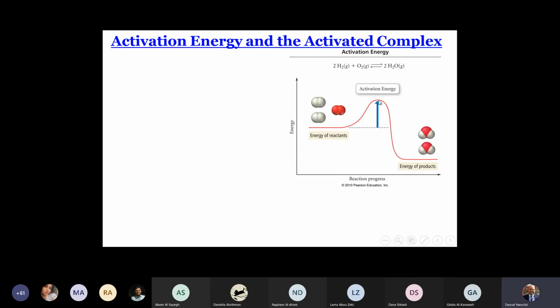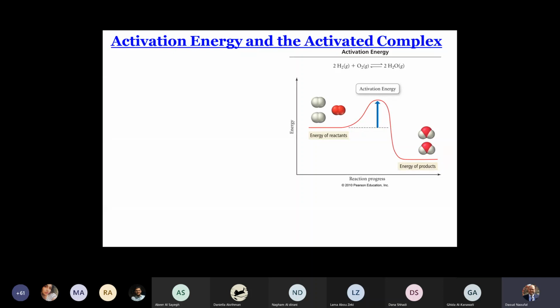At the top of this curve, we have maximum energy. So we have formation of an intermediate. We don't know this intermediate, but we have formation of an intermediate of high energy.